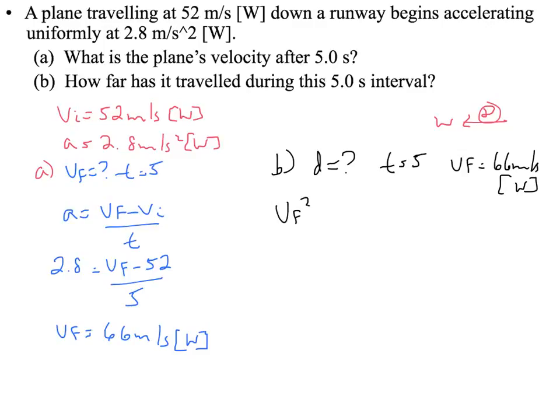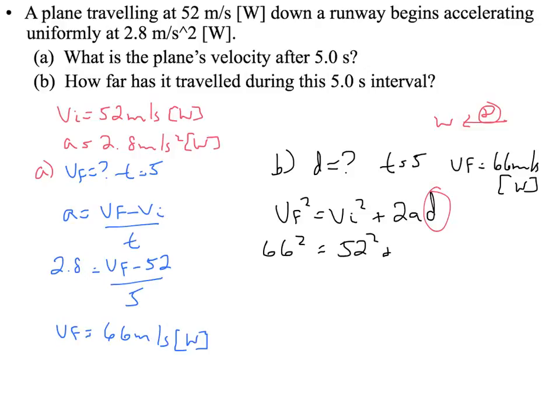So let's say VF squared equals VI squared plus 2AD. In this question, D is what we are looking for, so we need to solve for D. Let's plug in some numbers. We know VF is 66 squared. VI is 52.